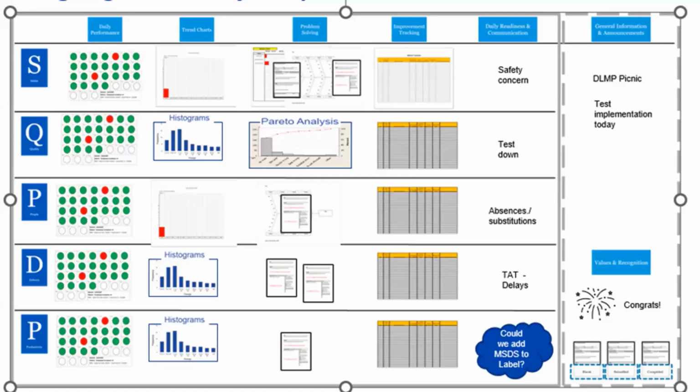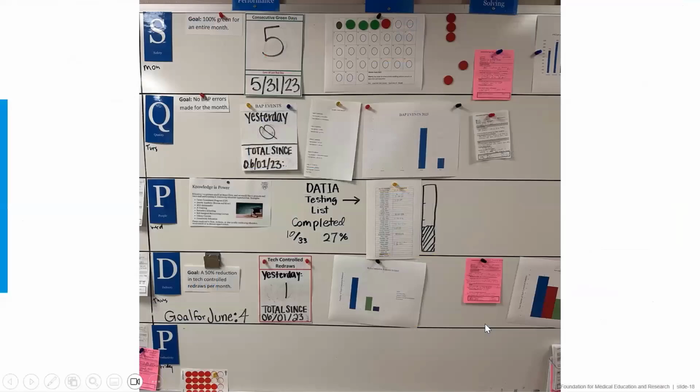My next slide is going to be an example. This is a real life example of a phlebotomy lab that is using this MDI system. You can see that this is a truncated picture, but they have the safety, quality, people, delivery, and productivity lanes.